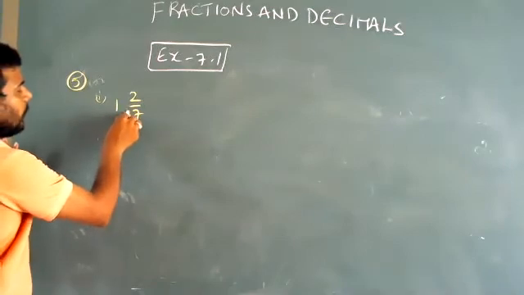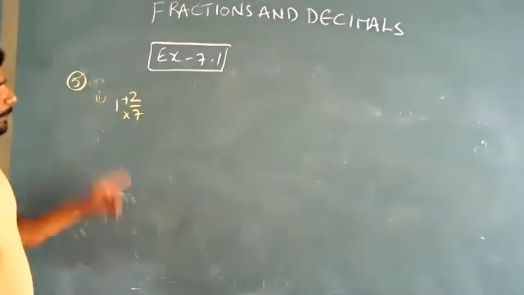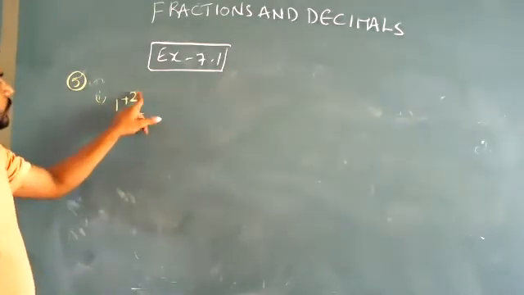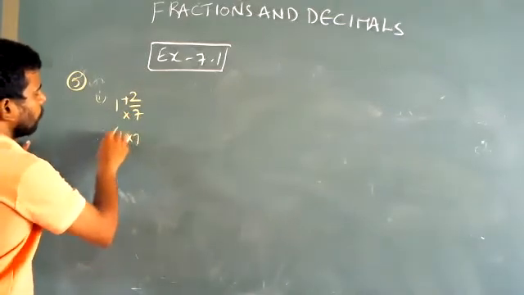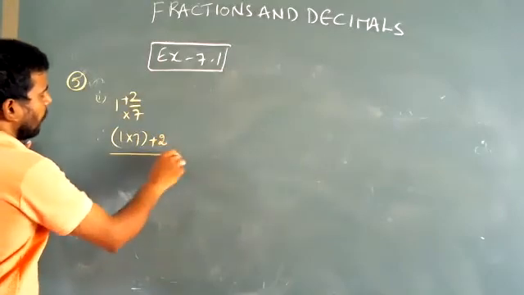Here put a multiplication sign, and here a plus. So 1 into 7 plus 2 by 7.